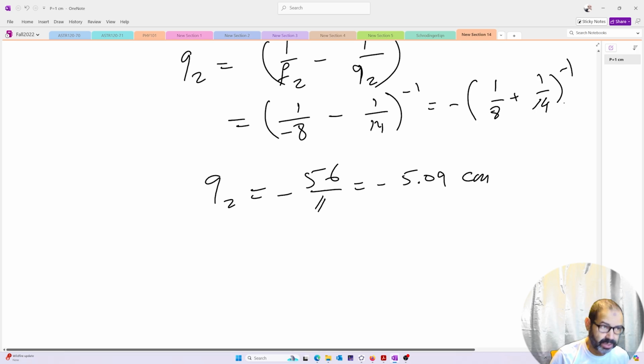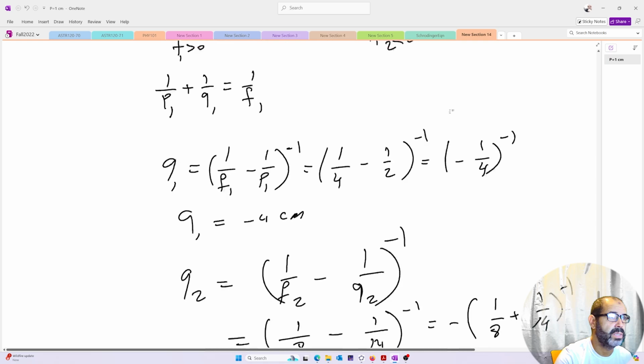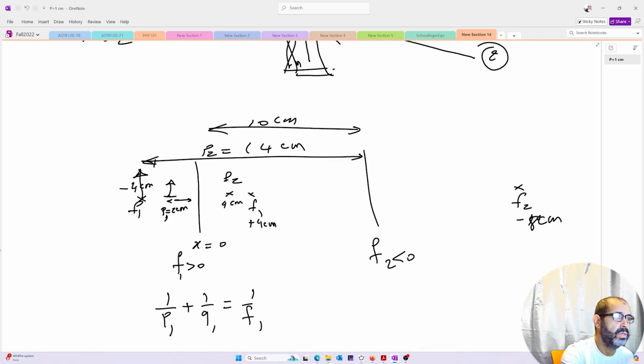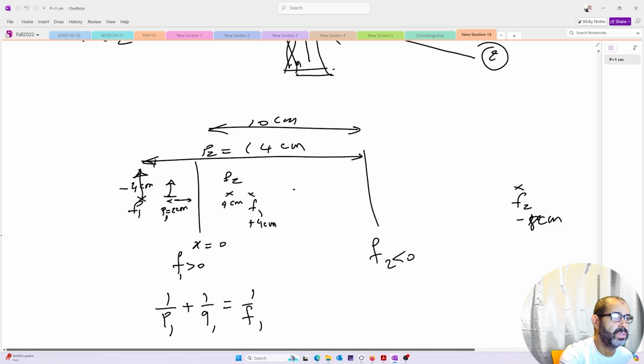So that's how far it is. Obviously, this places it just almost midway between these two lenses. So if this is midway, 5.09 is slightly closer to this lens than the other one. Actually, we were supposed to find this distance anyway. This is where the image is, the final image.